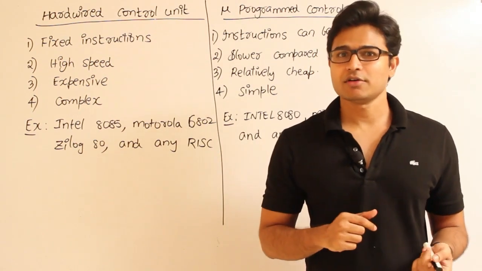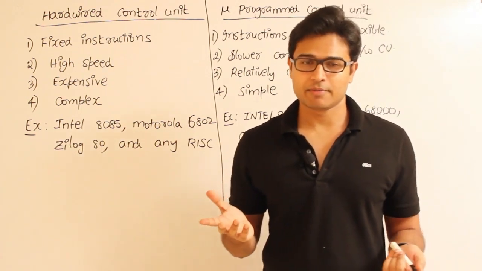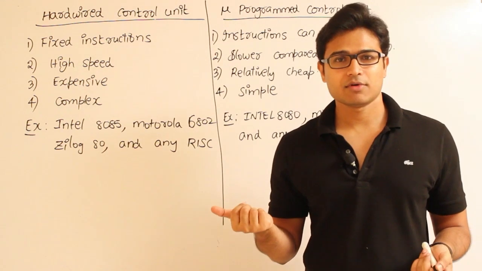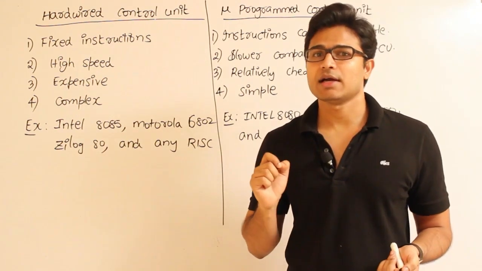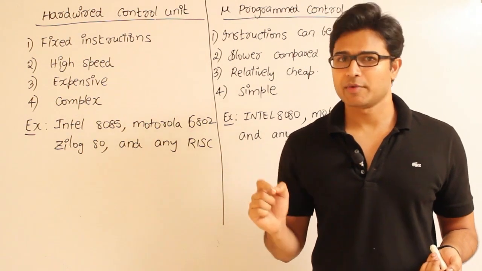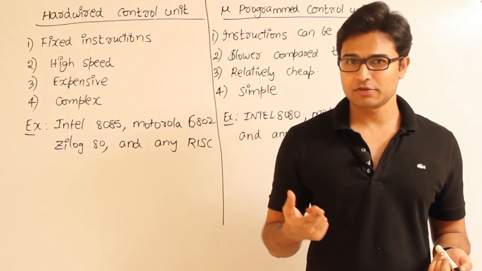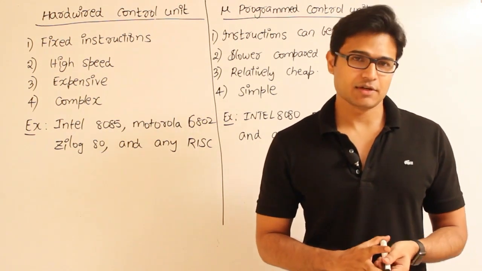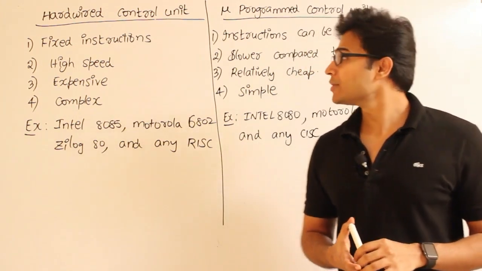In case it is not ROM, if it is in the memory RAM, normal RAM. In case it is in ROM, you just replace the old ROM with the new ROM. That's it. So just by changing the contents of the control memory, we can add and delete new instructions, or we can change the existing instructions. Therefore it is flexible in case of microprogrammed.